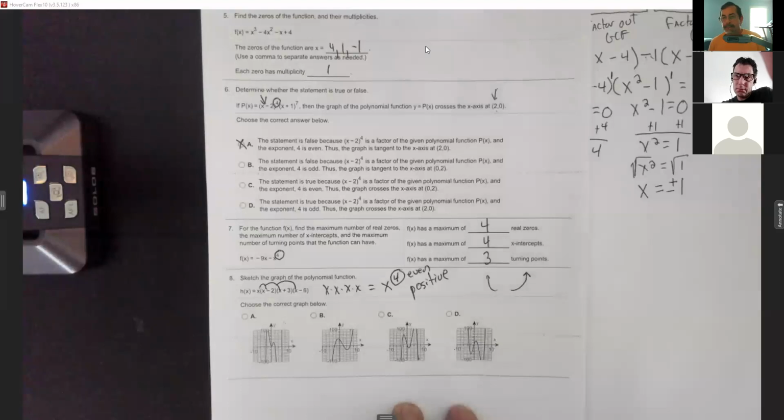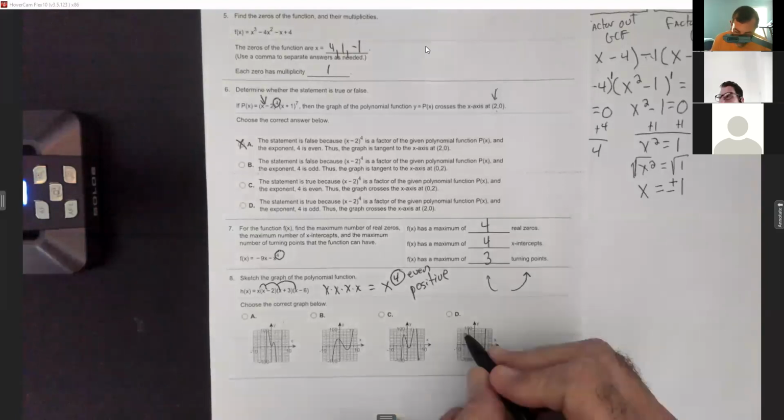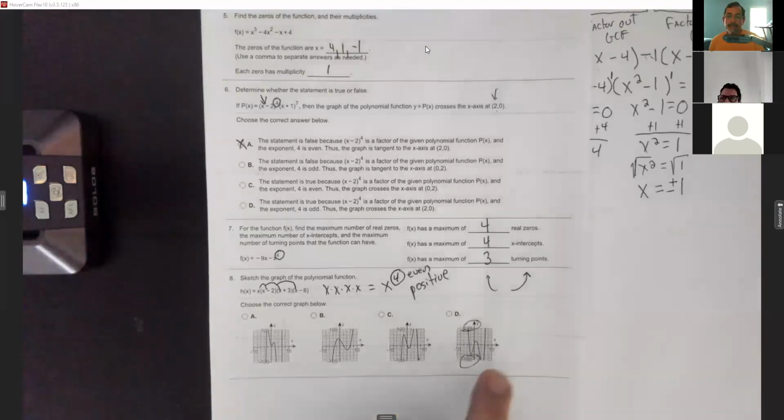Now, I'm going to show you how you can get this exactly on your calculator. Notice the Y values on their graphs go from negative 100 to a positive 100. So I'm going to go on my calculator, punch this in, and show you what it would look like. So let me share that screen real quick.